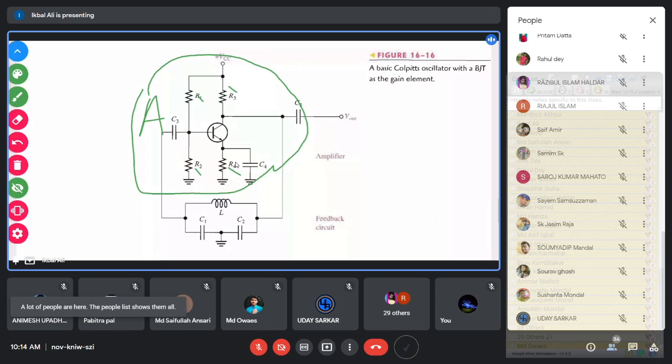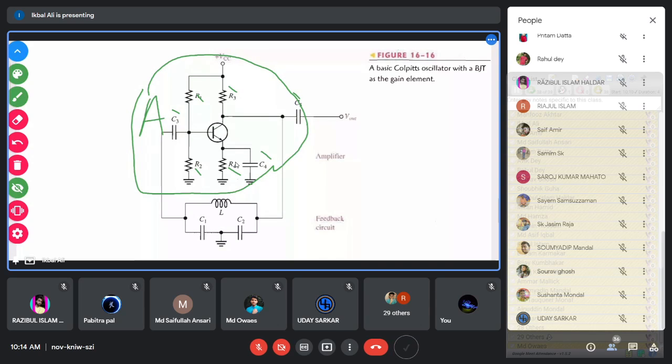Instead of RE, it is R4, and this is the bypass capacitor, and C3 and C5 are the blocking capacitors. So this is the basic construction of the self-bias class A CE amplifier. The purpose of this amplifier is to amplify the signal at the output.